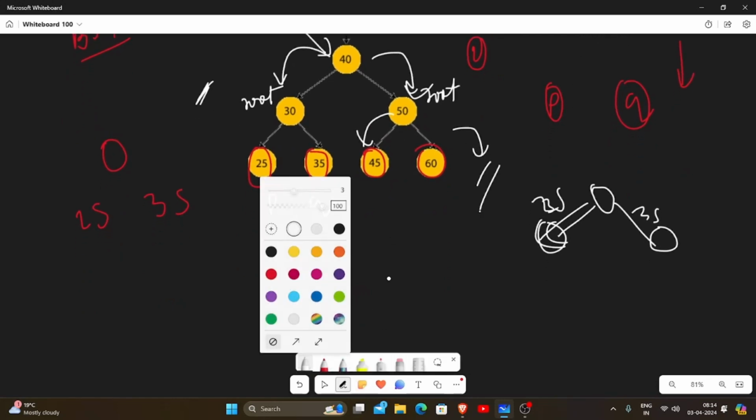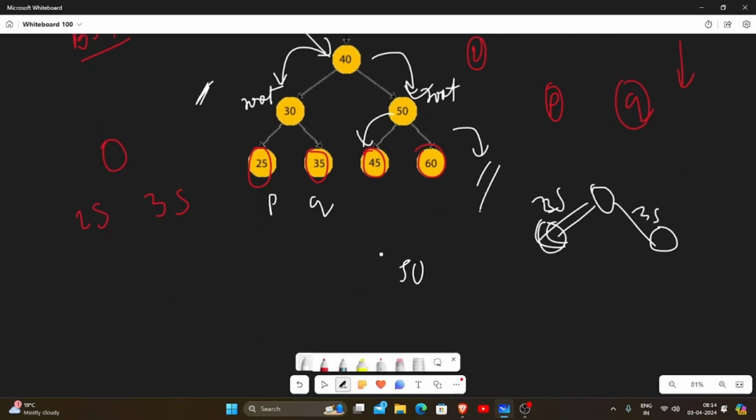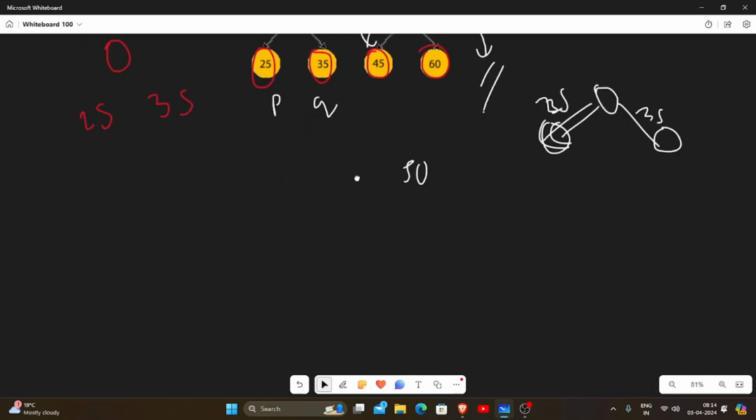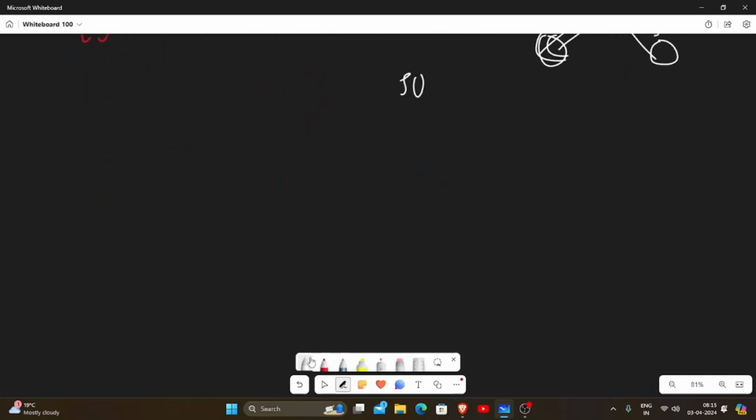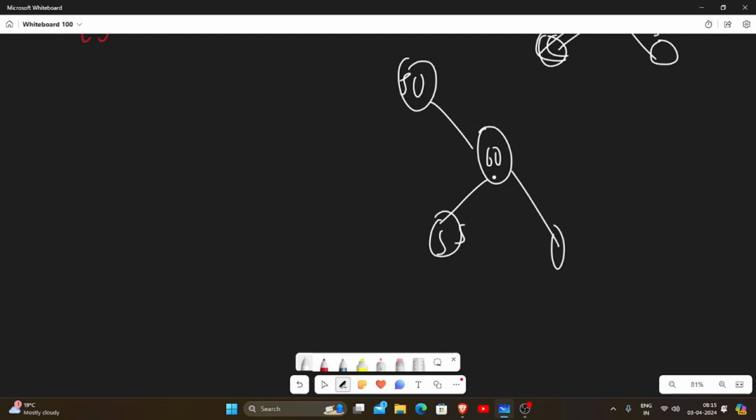Now you might be thinking that it would always be this case. It can also be another case. Let's say I'm at 50 and move right, so there would be greater values. Let's say there are some values like 55, because it has to be less than 60 but greater than 50, and let's say 65, and 51 and 52, and I ask you about 51 and 52.